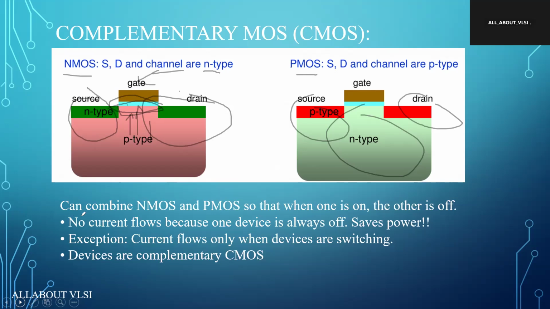So here we are combining both NMOS and PMOS. So at that time, when one thing is in on state, then the other thing is in off state. So these are complementary to each other. Let me draw.